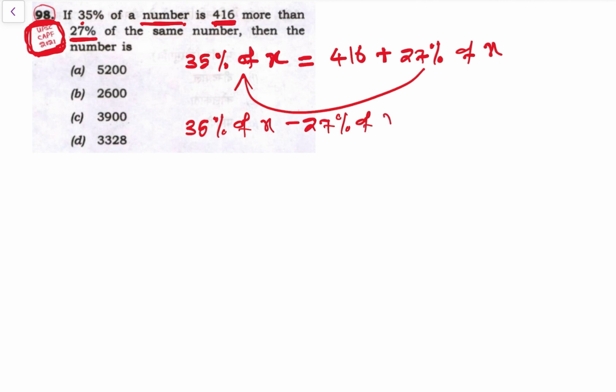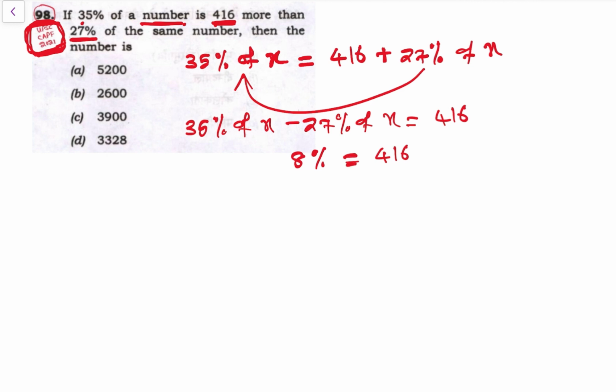35% of x minus 27% of x is equal to 416. So this is 8% of x, 8% of x is equal to 416.